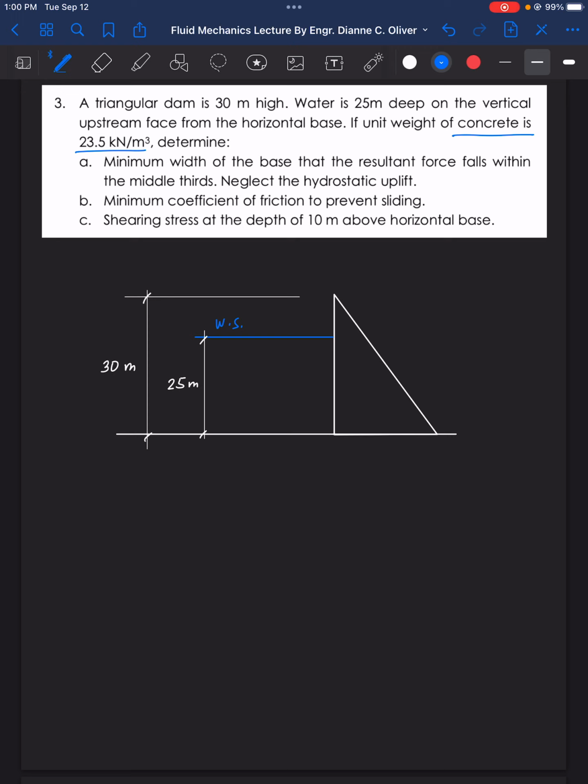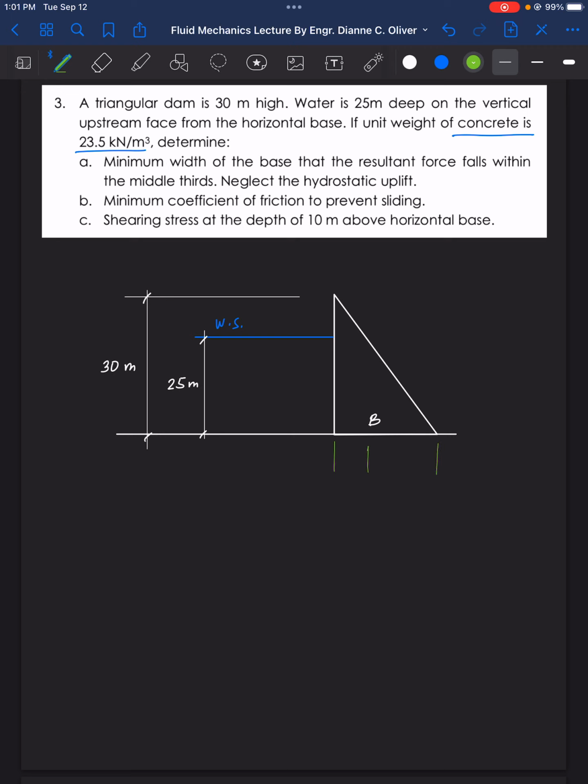So what is the minimum width of the base so that the resultant force falls within the middle thirds? Neglect the hydrostatic uplift. There's no given value for the base, but we will divide the base into thirds.